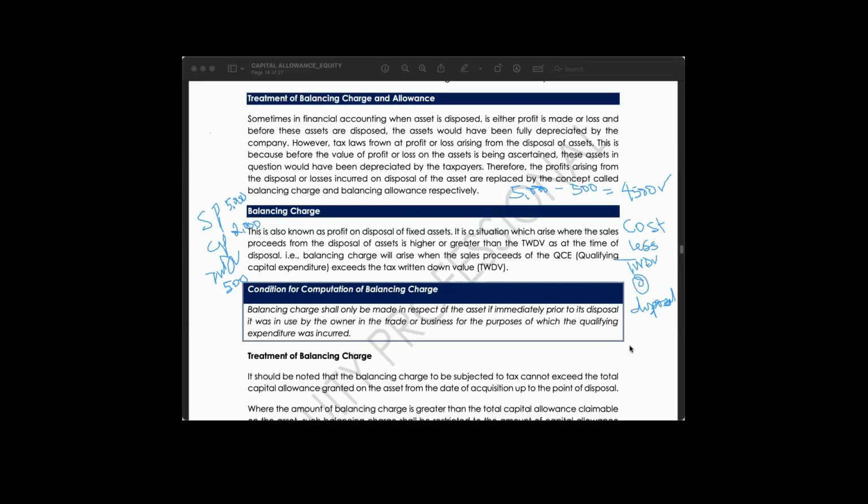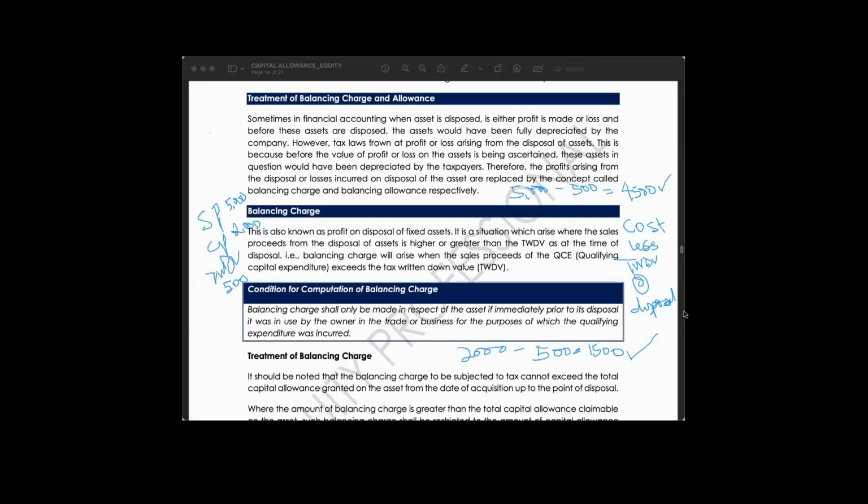So my cost in this question is 2,000 minus 500. I will have 1,500. 1,500 is the total allowance claimed on the asset disposed.